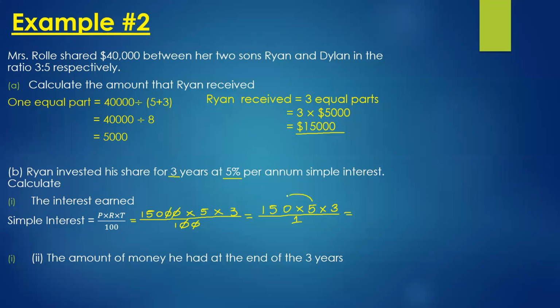So 5 times 150 is what? 750. 150 times 5.